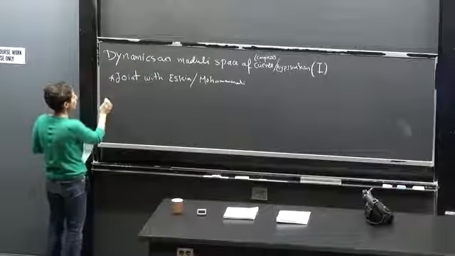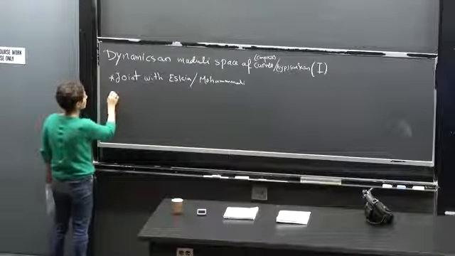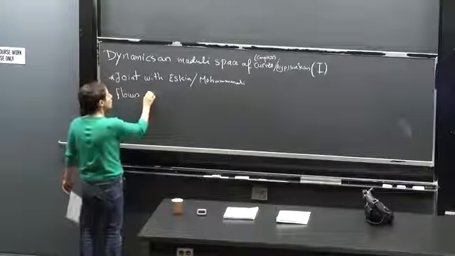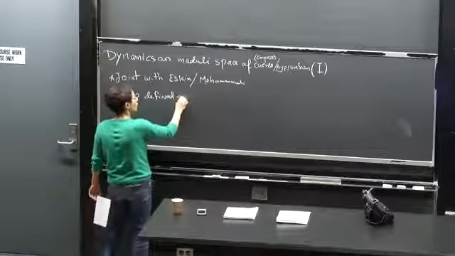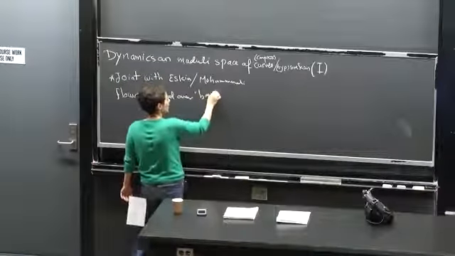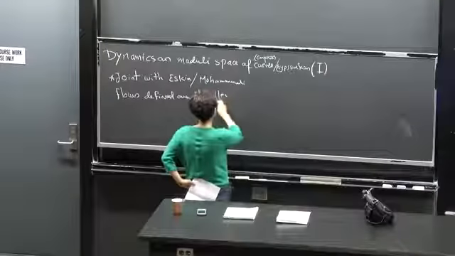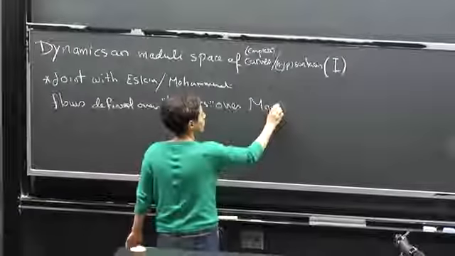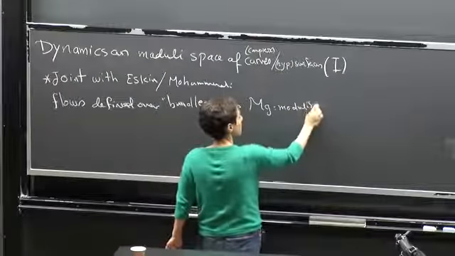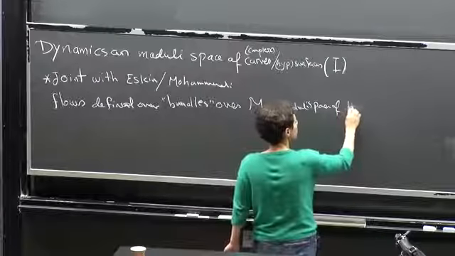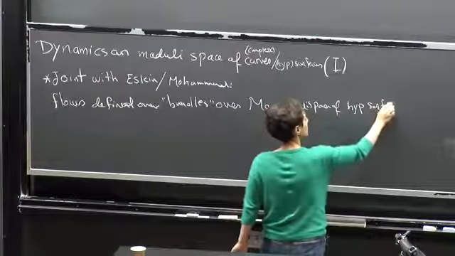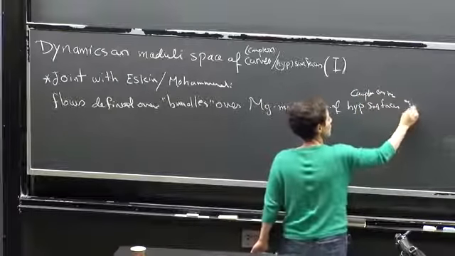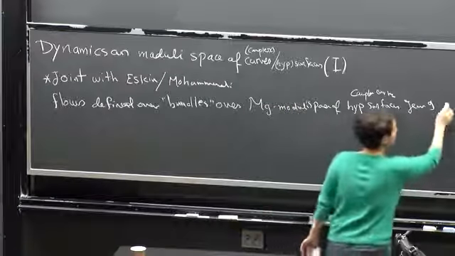The discussion is about certain natural flows that I want to motivate, defining these flows over some bundles, over M_g, which is the moduli space of hyperbolic surfaces, or if you prefer, complex curves of genus g.